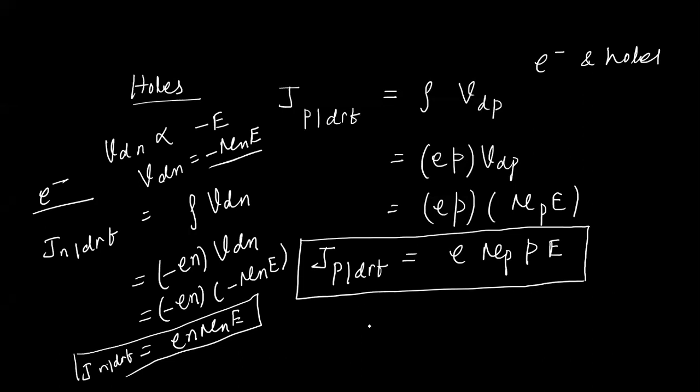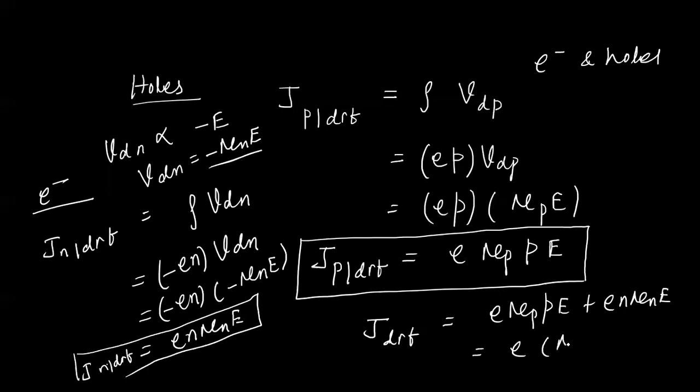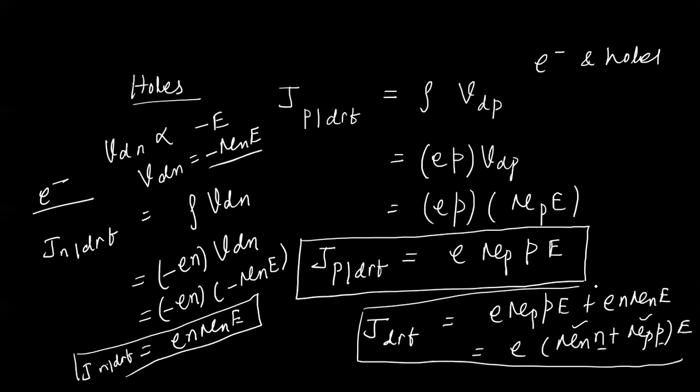The total drift current due to these charge carriers is what we got for holes, E mu_p P E, plus E n mu_n E. The final expression can be written by taking E out: mu_n times n plus mu_p times p, with n the concentration of electrons, p the concentration of holes, and mu_n and mu_p the mobilities of electron and hole, multiplied with the applied electric field. This is the expression for the total current density due to the drift mechanism.